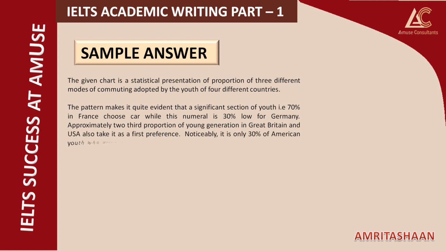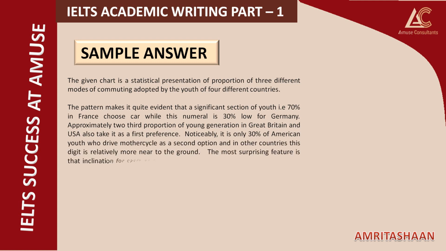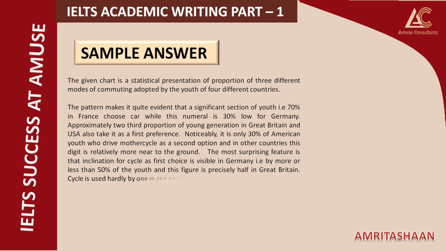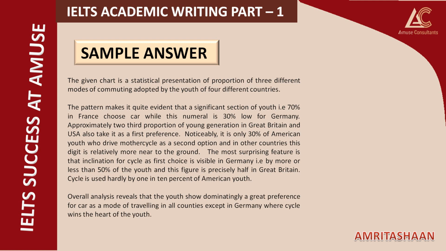The pattern makes it quite evident that a significant section of youth, that is 70% in France, choose car, while this number is 30% low for Germany. Approximately two-third proportion of young generation in Great Britain and USA also take it as a first preference. Noticeably, it is only 30% of American youth who drive motorcycle as a second choice, and in other countries, this digit is relatively more near to the ground.